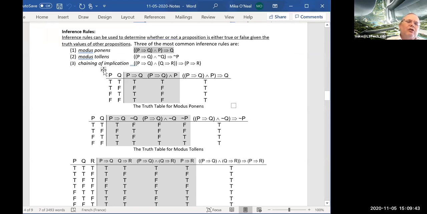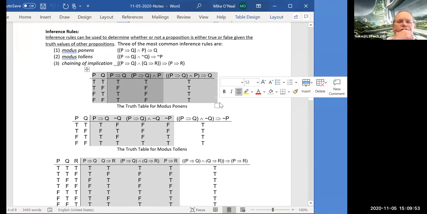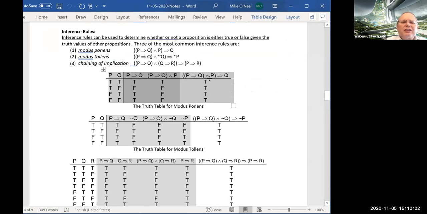Okay? Now, what does all of this look like? Well, I should be able to generate a truth table for this thing. And when I do, I find something kind of interesting. I find that the statement is true in every possible world. Modus ponens is a tautology.